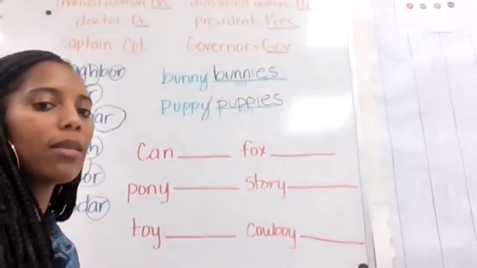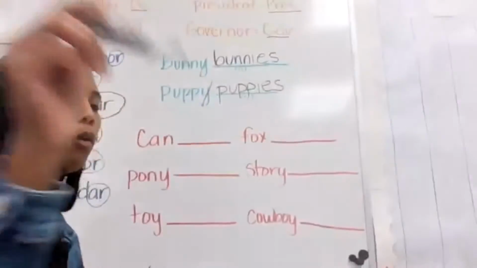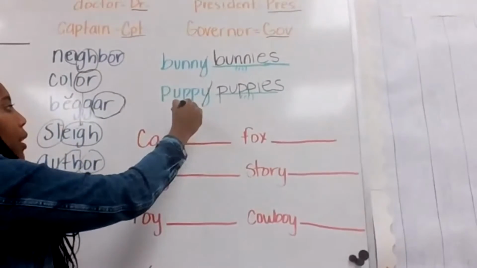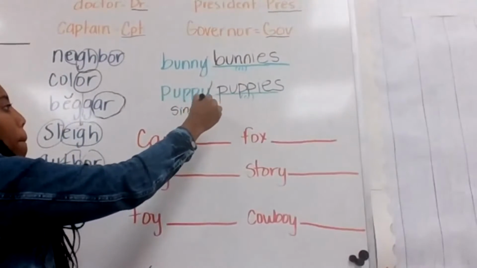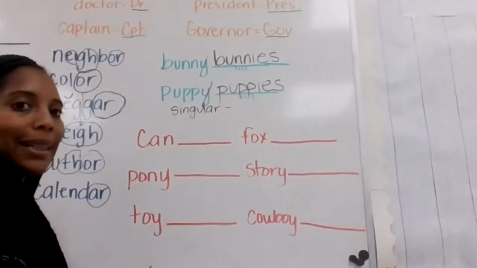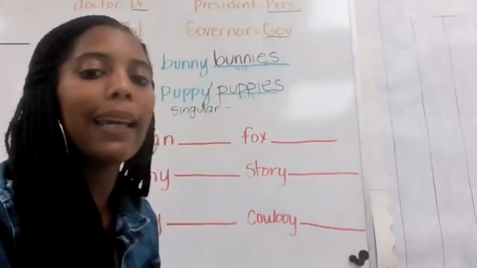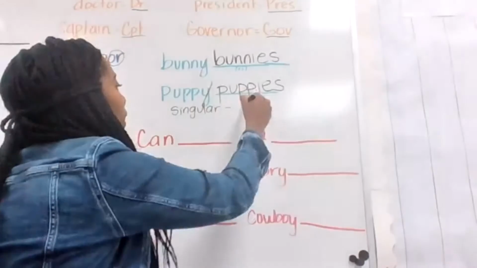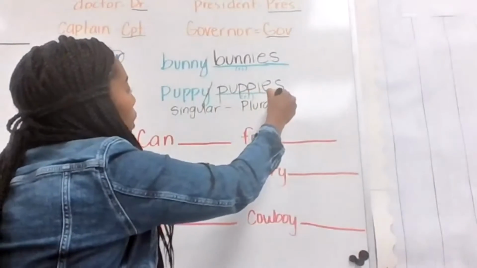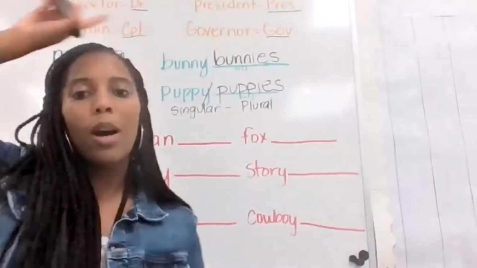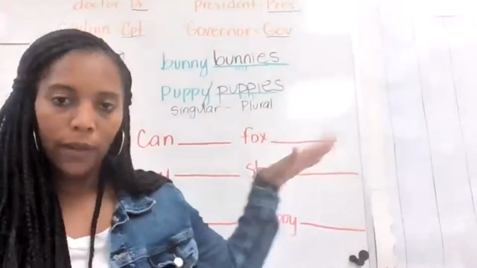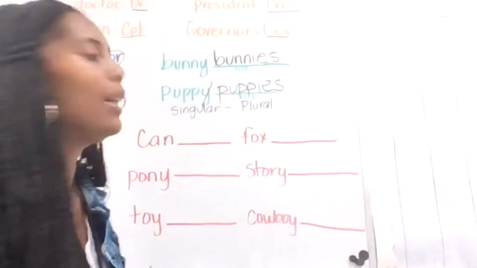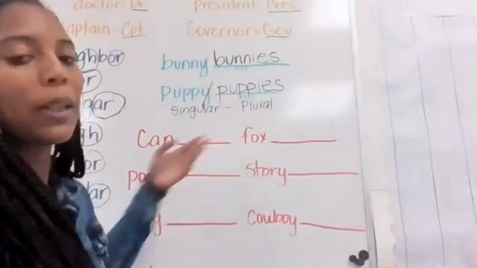All right, so last week we also learned what's called singular and plural nouns. A singular noun means that it's what? Yeah, you can tell me. What does a singular noun mean? That it's only one noun. What does a plural noun mean? It's more than one. So it can be 2, 3, 4, 5, 6, 7, all the way more than one. Okay? So some of them we simply just do what?